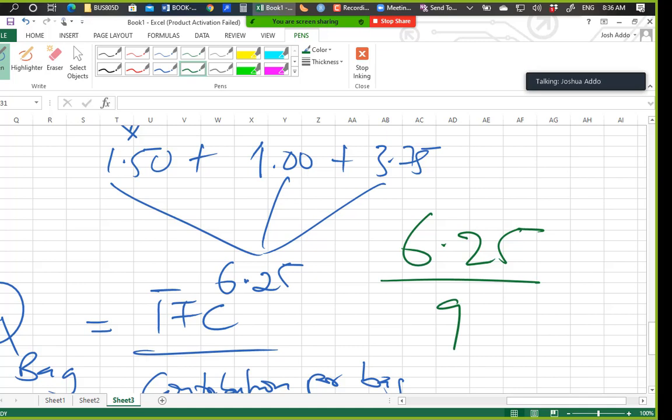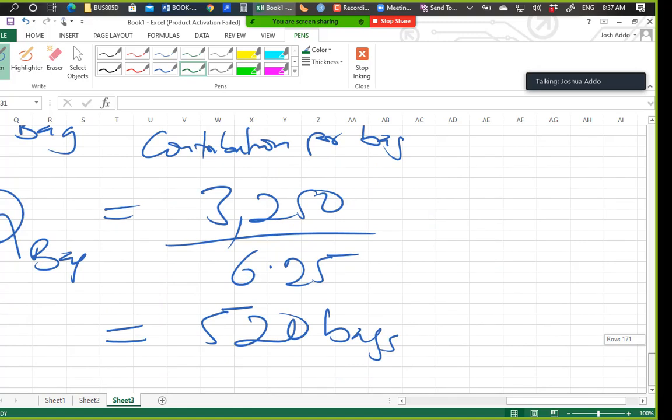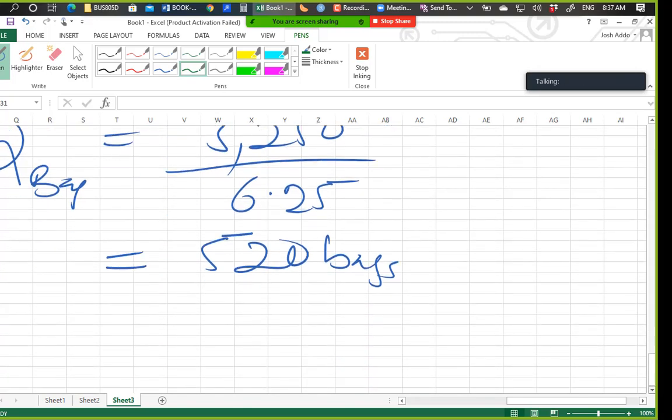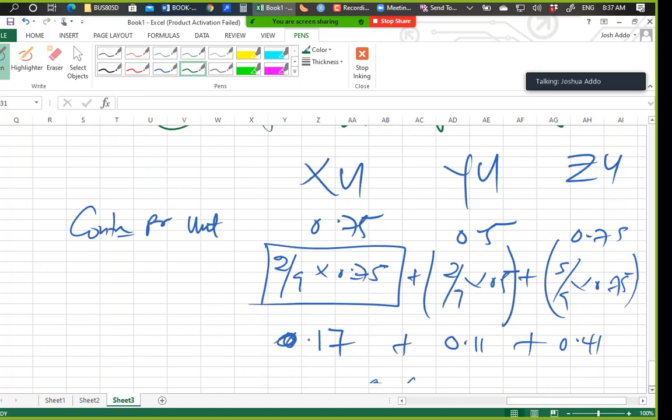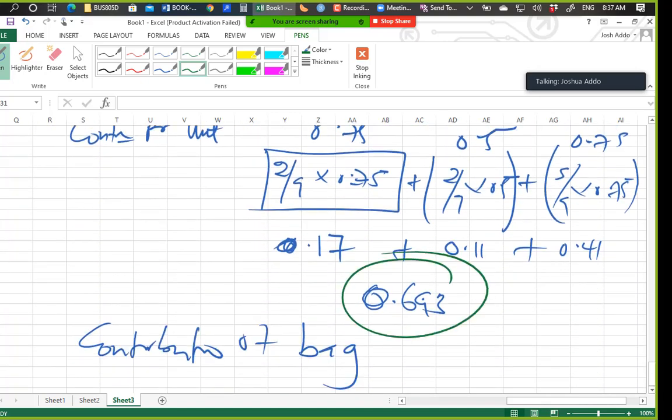6.25 divided by 9 should give you around the same, because if there is any difference, it's because we rounded. This one, the weighted average contribution, is approximately 0.69. When you divide the 6.25 by 9, you get 0.694444. Good.